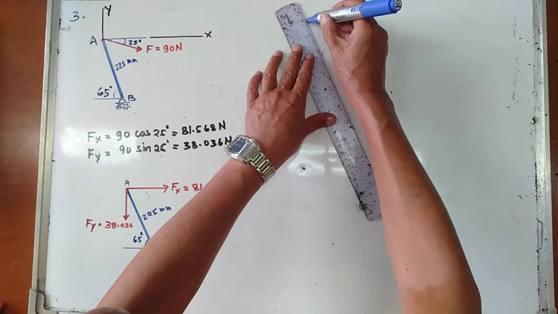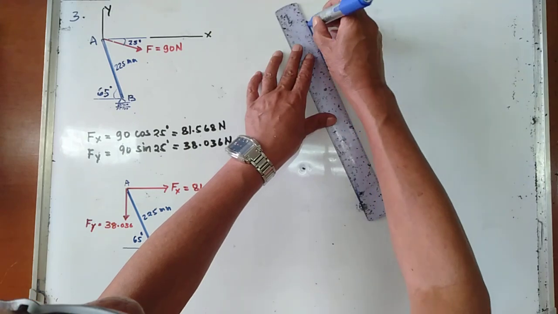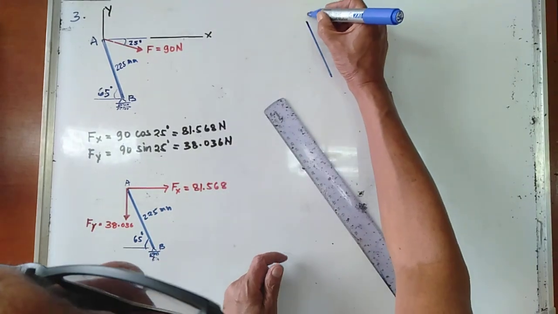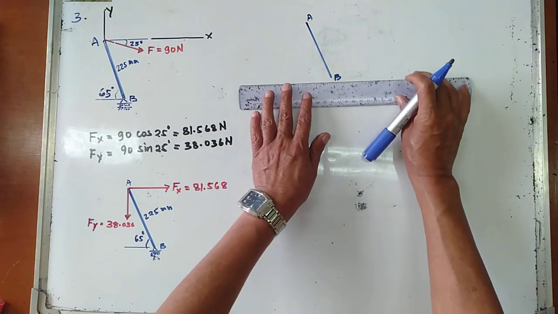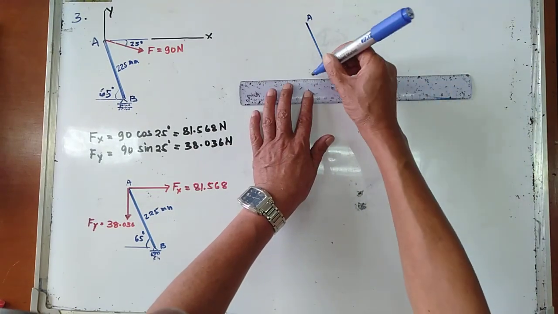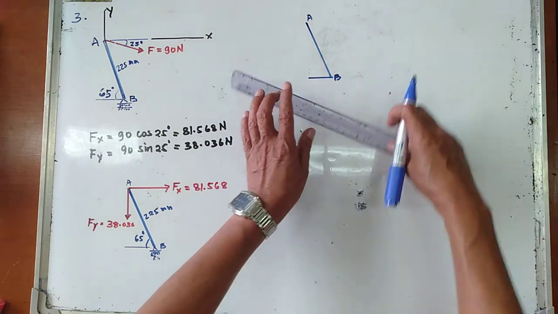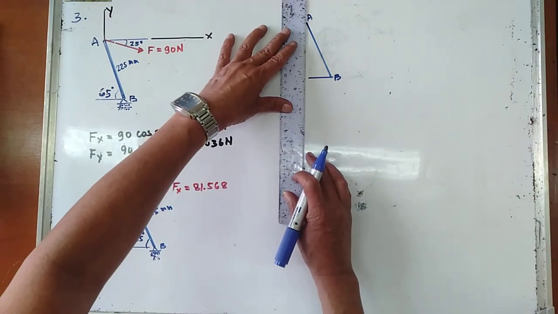So this is your rod AB. So that is A, and this is now your B. So this is 65 degrees with the horizontal.